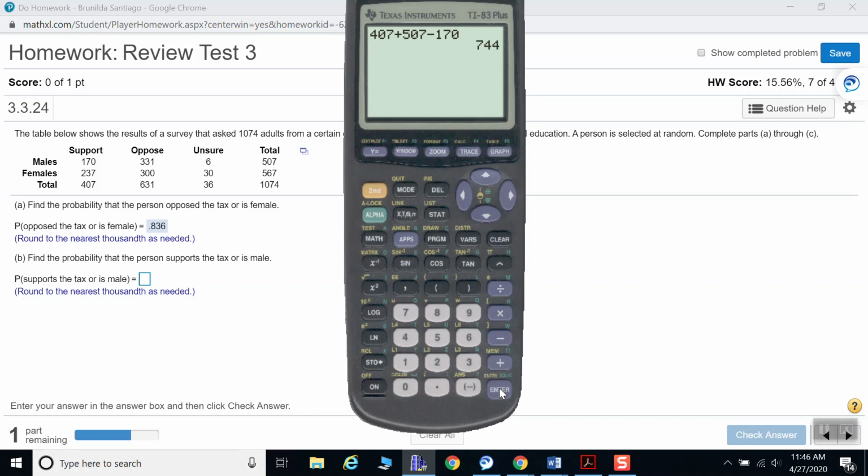So you get 744, and that's your numerator, and the total is 1,074. And they want you to round this one as well to the nearest thousandth, that means 3 decimal places. 0.692, that 2 is followed by a 7, so we have to increase the third digit to a 3, 0.693.